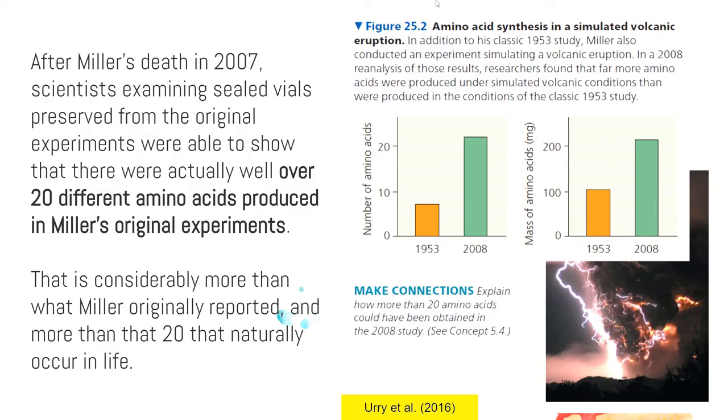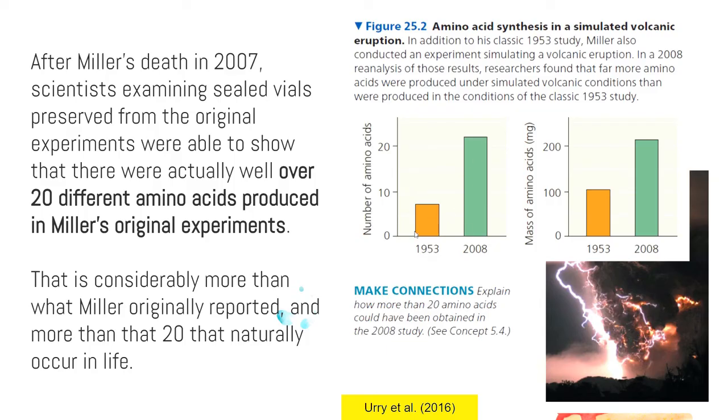In the 1952-1953 study, they also conducted an experiment to simulate a volcanic eruption, and a reanalysis of those results, sometime in 2008, found that amino acids were produced under simulated volcanic conditions. Then when they opened the sealed vials in 2008, they were able to find more than 20 amino acids.